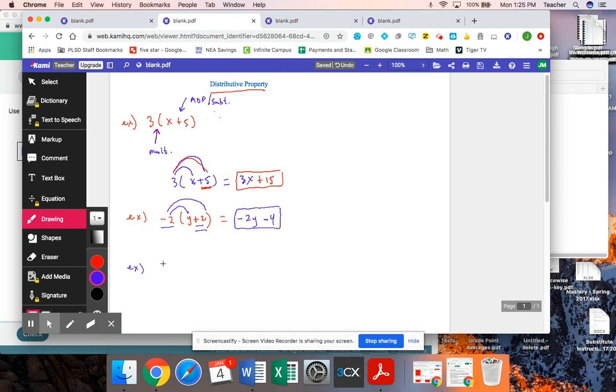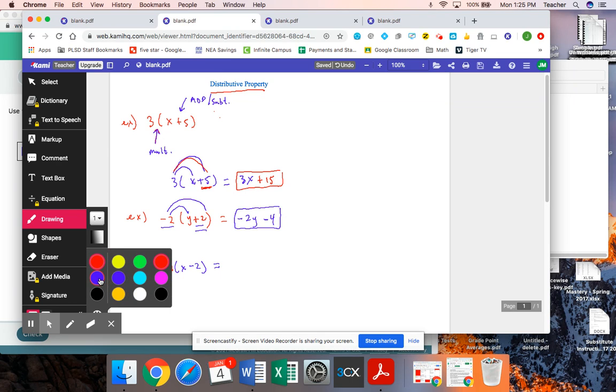What if I did something like negative, and in parentheses, (x minus 2), for example? Well, in order to do this, I'm still going to distribute, because I still have multiplication out here, and I still have an addition or subtraction symbol on the inside. Now, don't forget that even though it's not written, there is assumed to be a 1 out there.